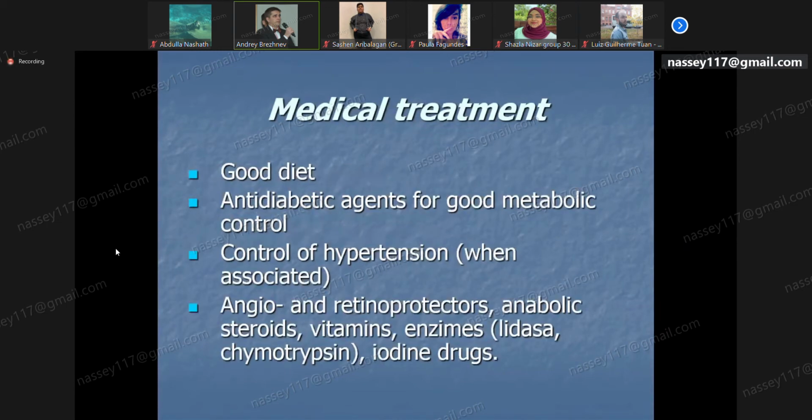Medical treatment depends on the stage. Of course, we should correct the level of glucose, but it's usually the task for endocrinologists. They could use good diets, anti-diabetic agents in form of tablets, or insulin.